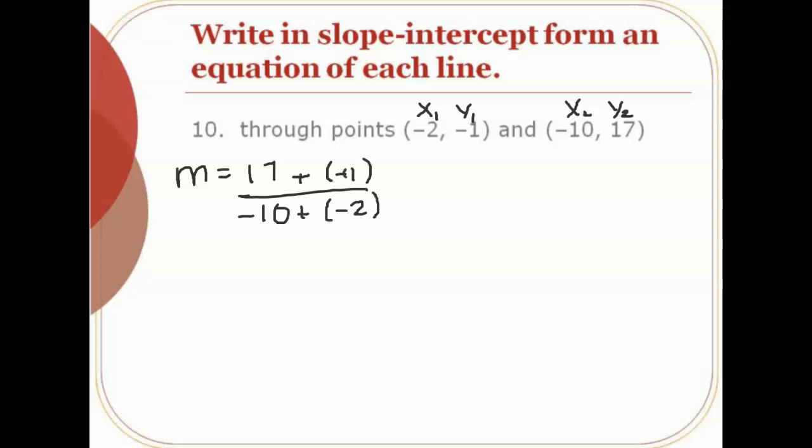Again, double negatives turn to positives, and you need to make sure when you stack them, y2 is always over x2, and y1 and x1 are always matched or stacked as well. So 17 plus 1 is 18, and negative 10 plus 2 is negative 8. Both divide by 2, and you get 9 over negative 4. Pick either point to plug in.